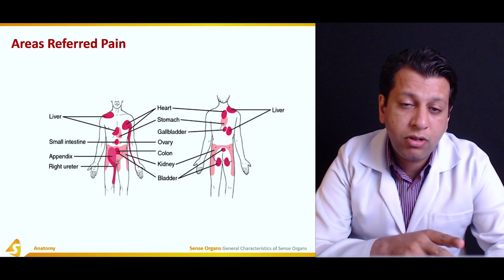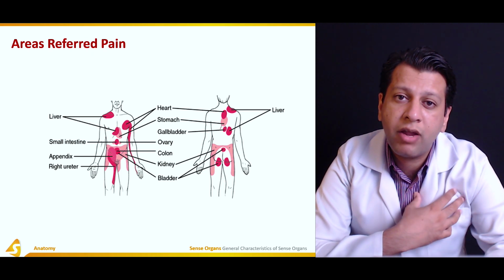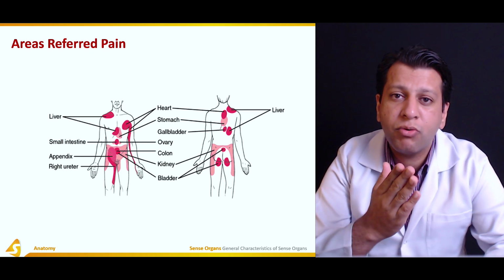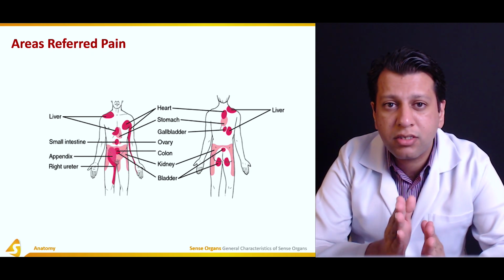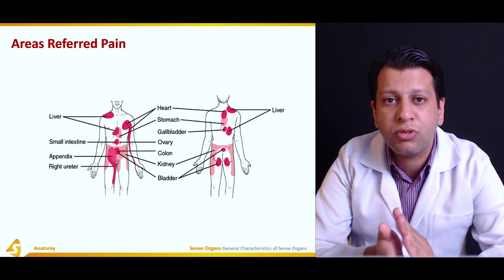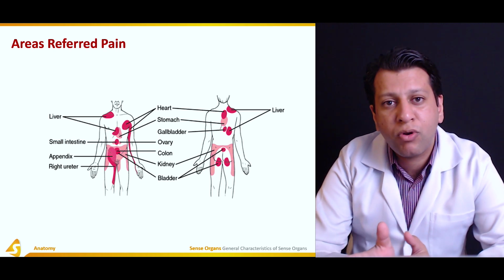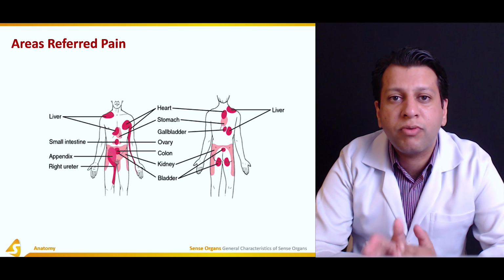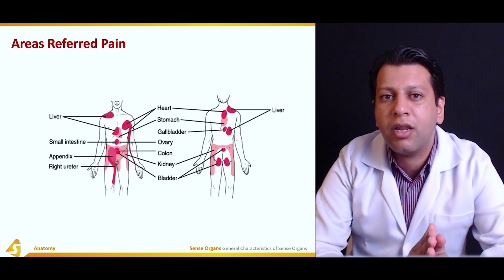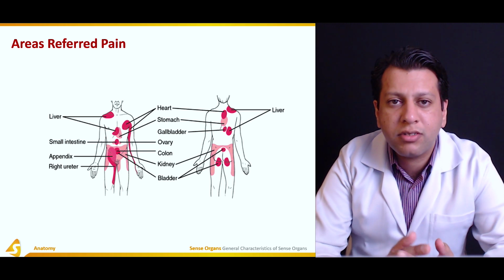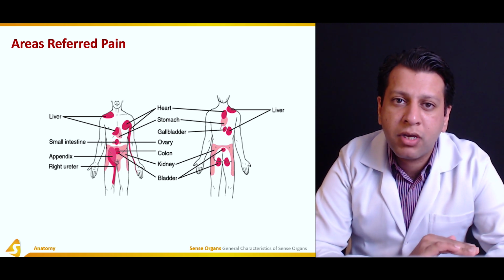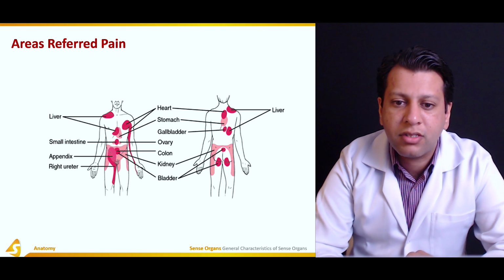But all the sensations coming from the left arm and left thumb are continuously going in. And once the sensation from the heart mixes with them, the brain interprets these new signals as if they are coming from what it is used to from past experience, that is from the thumb and the left arm. So that pain is actually referred pain of the heart, which is felt as if there is pain in the left arm and left thumb.